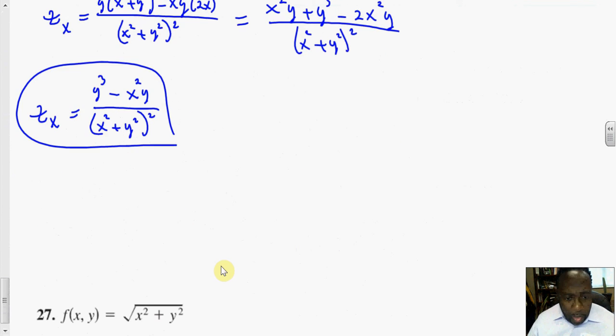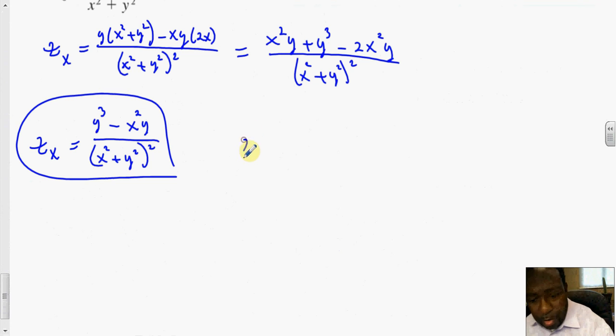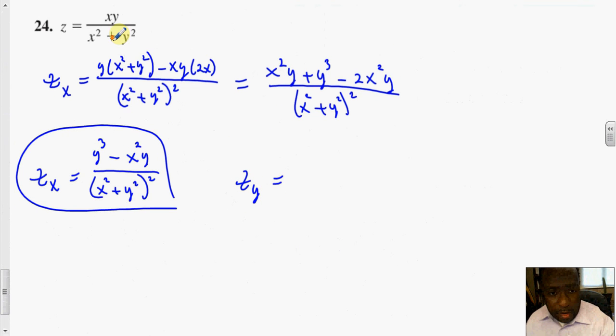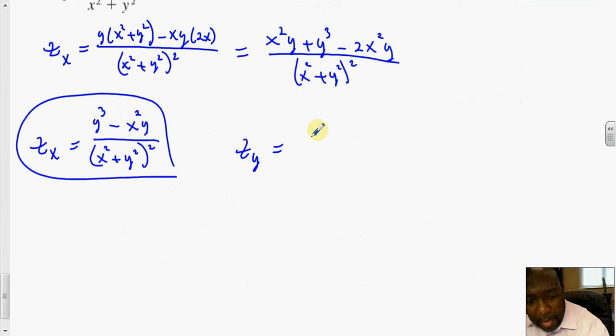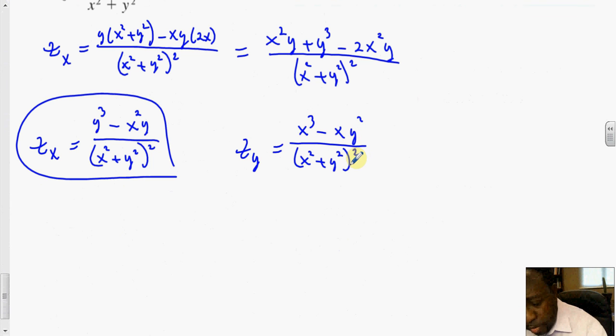Now I'm going to go out on a limb and tell you that the partial of z with respect to y, because this function is symmetric in x and y, I'm going to surmise that this partial is going to be x cubed minus x times y squared all over x squared plus y squared to the second.